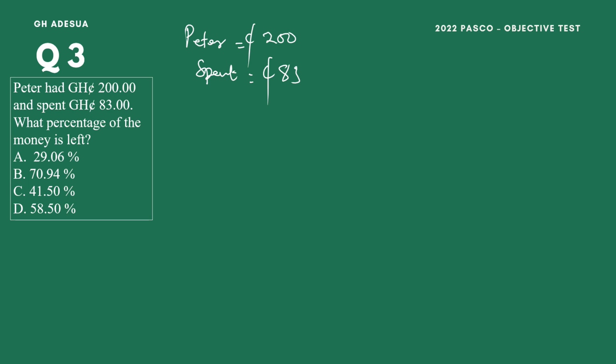So we look for the amount left, which will now be the actual amount minus the amount spent.